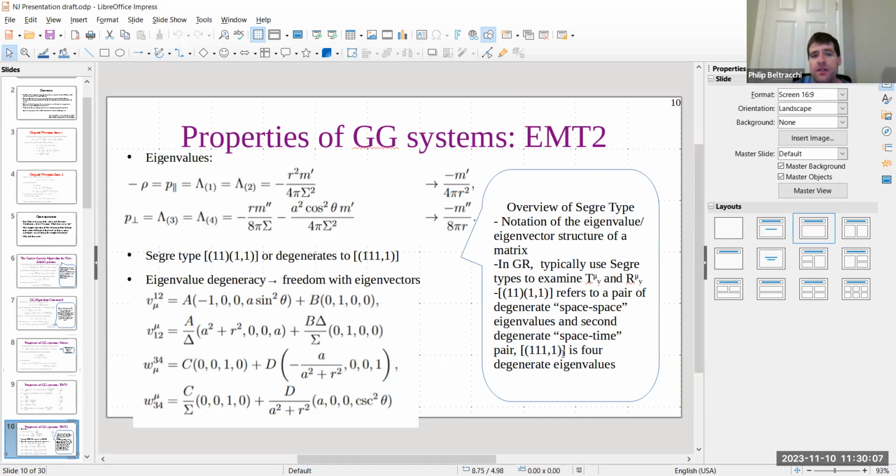When we have eigenvalue degeneracy, we have freedom with the eigenvectors. And so it's possible to write our eigenvectors in terms of the directions 1, 2, 3, and 4 from earlier.